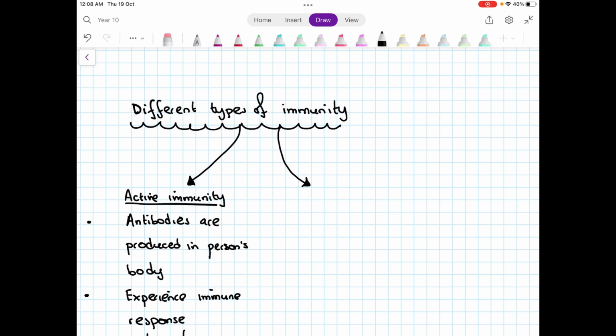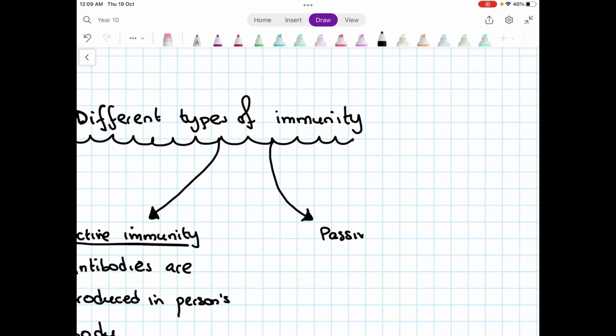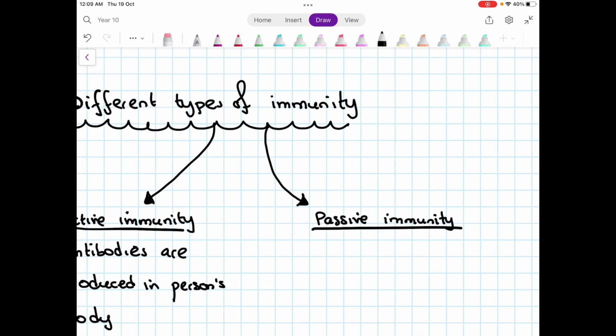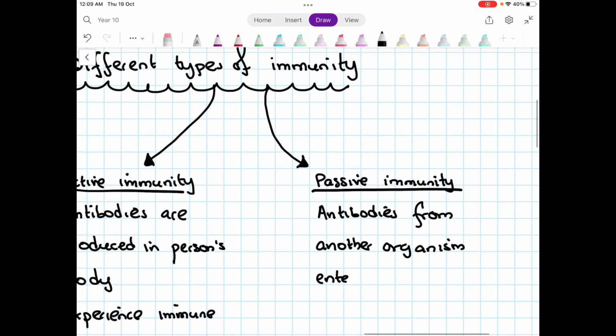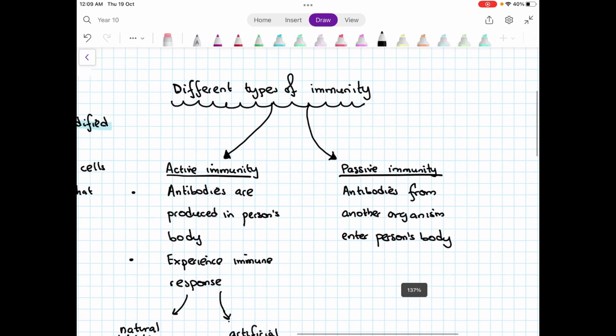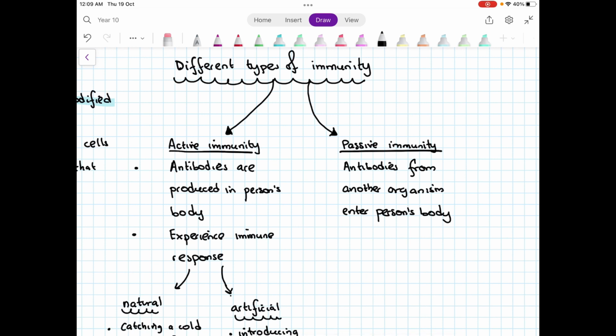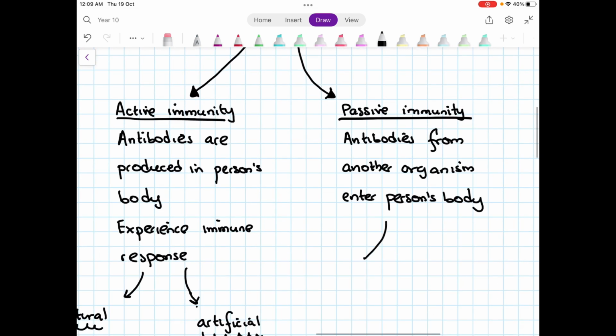The second type of immunity is passive immunity. And passive immunity is when antibodies from another organism enter the person's body. And there are also both natural and artificial forms of this.